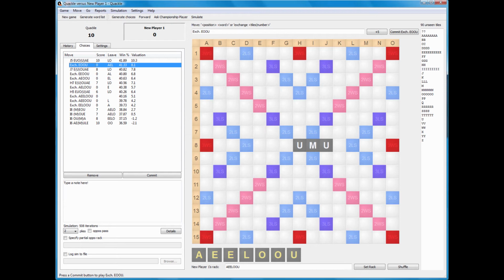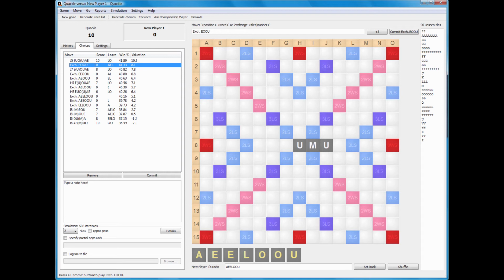While we're on this move though, I think it's interesting to note that the exchange of EOOU outperformed the exchange of all tiles, the exchange of 6 tiles keeping the E, and the exchange of 5 tiles keeping EL. And I think a lot of players shy away from keeping vowel-heavy rack leaves, because if you have a vowel-heavy rack as a whole, it can be pretty unbingo-y, and a lot of your attention is focused on sorting out that excess of vowels.